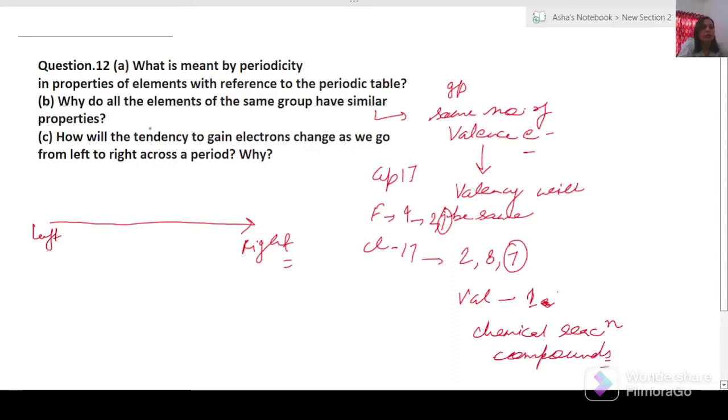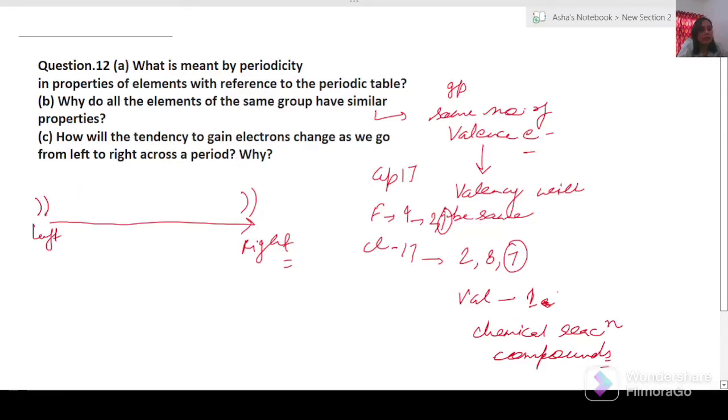Okay, now coming to question number C. So this is a period, left to right. When we go from left to right, remember the number of shells will remain the same if they are in the same period. Suppose it is period 2, so in the beginning you will have 2 shells, and in the end also you will have 2 shells, right?